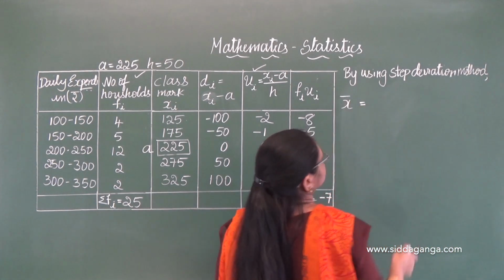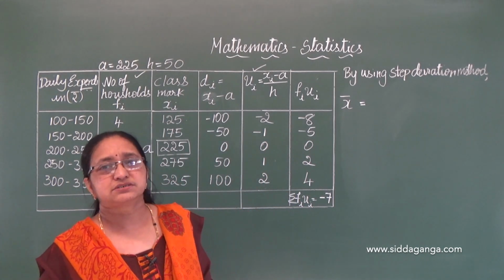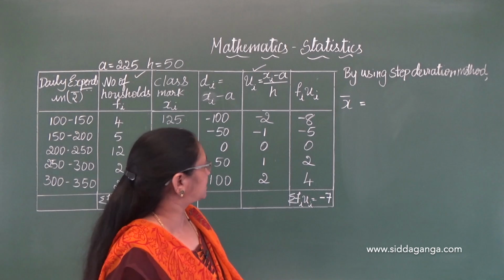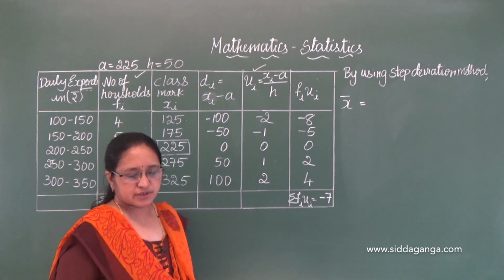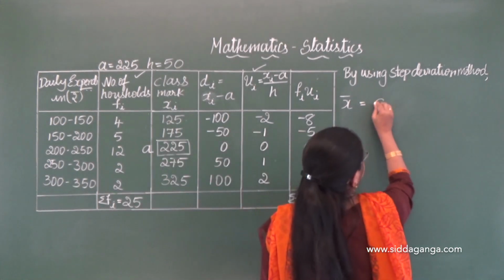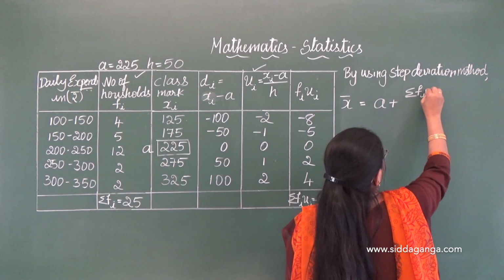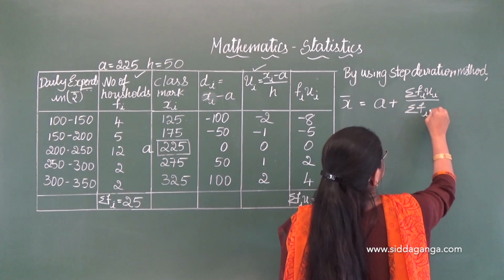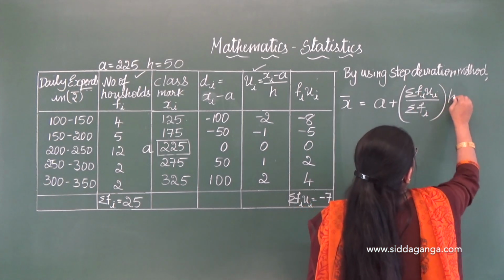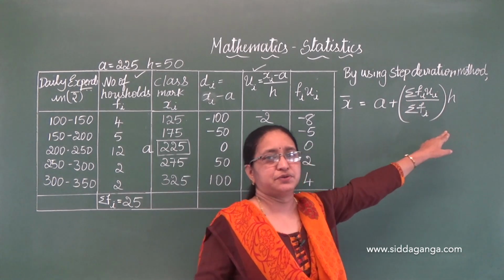X bar is equal to, so I hope you all know the formula, A plus sigma Fi Ui divided by sigma Fi, then multiplied by H. A plus sigma Fi Ui divided by sigma Fi into H.